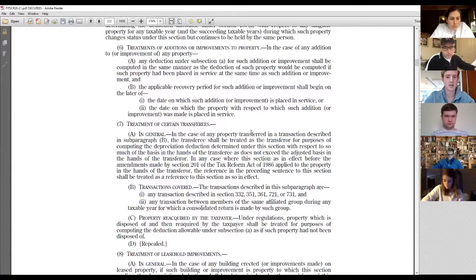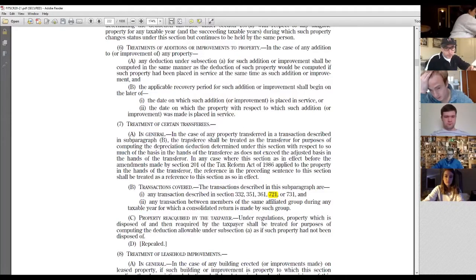It says in the case of any property transferred in a transaction described in subparagraph B, well, subparagraph B includes section 721, contributions to a partnership. The transferee, the partnership, shall be treated as a transferor for purposes of computing the depreciation deduction. So that just means that the partnership steps into the shoes of the contributor.